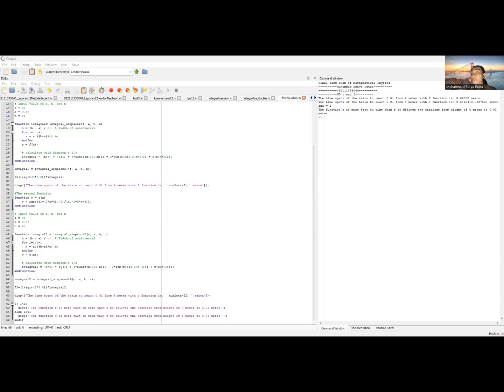So in my opinion, the curve from the function f, this first function, is safer in velocity so that the brake of the roller coaster is not burdened so much.